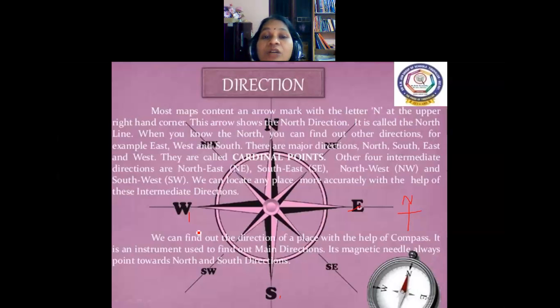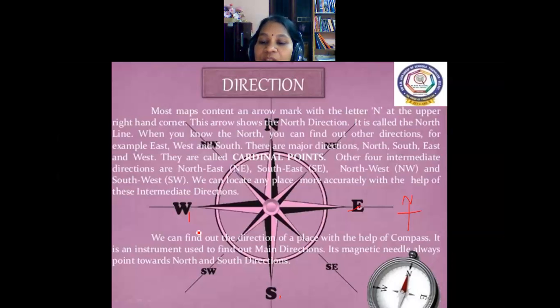This arrow shows the north direction. It is called the north line. When you know the north, you can find out other directions, for example east, west and south.